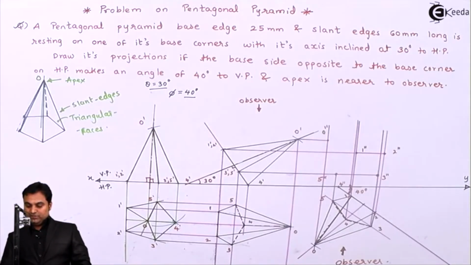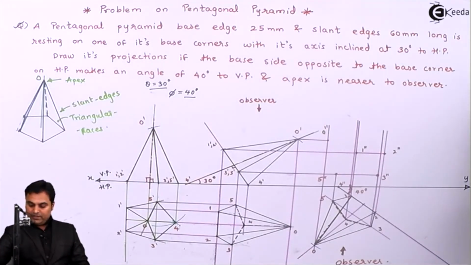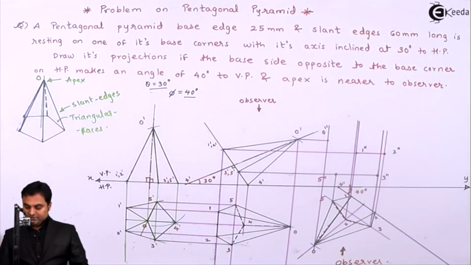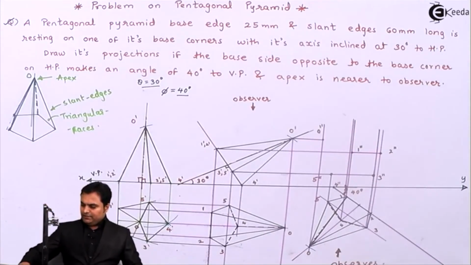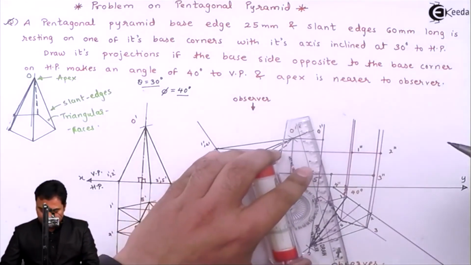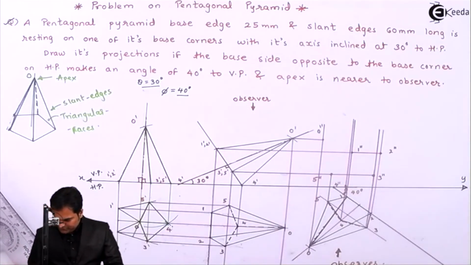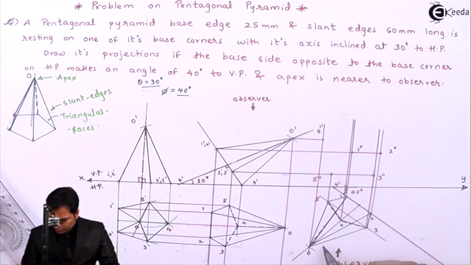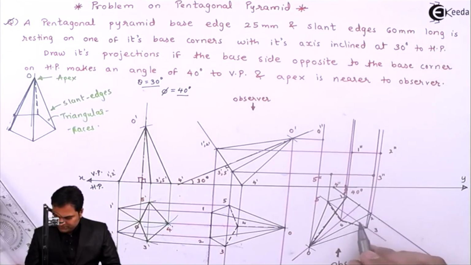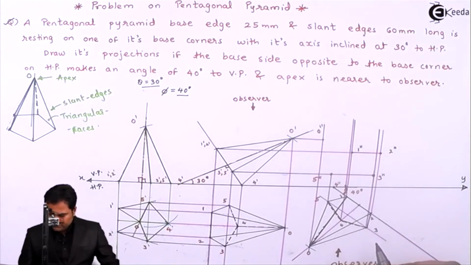When the observer is here, first of all I'll make the outlines, that is O3 will be visible closer to the observer. At the same time O2, that is also closer to the observer. So now here I'll connect the points in order and the outline will be dark. So when the observer is here, O3, O2, these lines are visible.